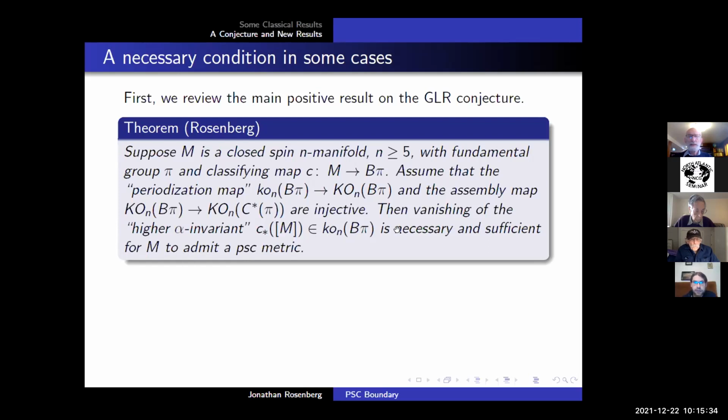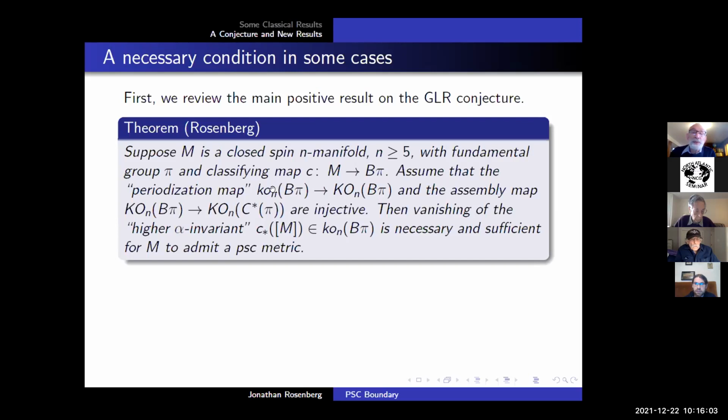Sorry, may I have a question? Yeah. So how strong is this assumption of the injectivity of this periodization map? Well, it's satisfied for a large number of torsion-free groups. It's essentially never satisfied for groups with torsion for general N. However, there might be specific values of N for which it's true.